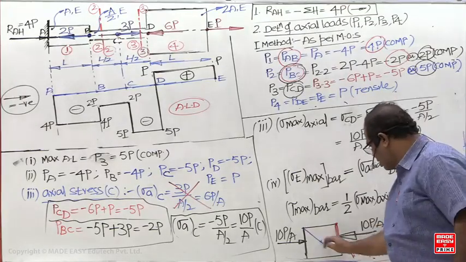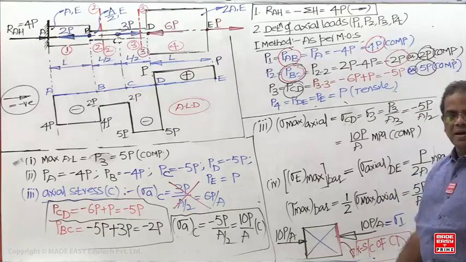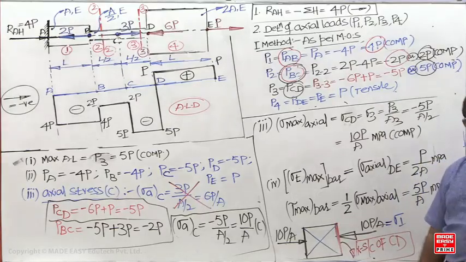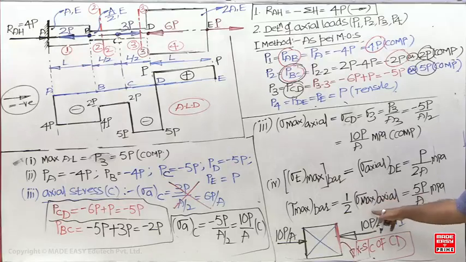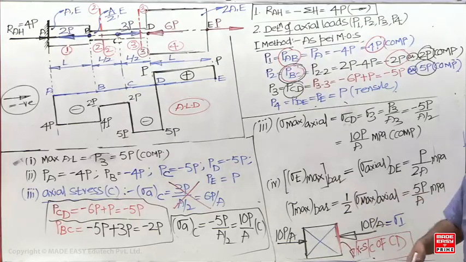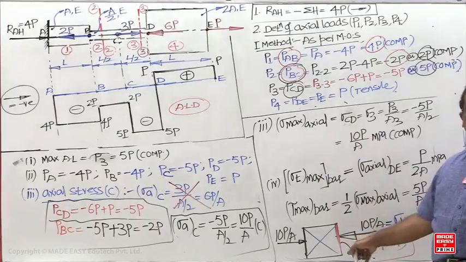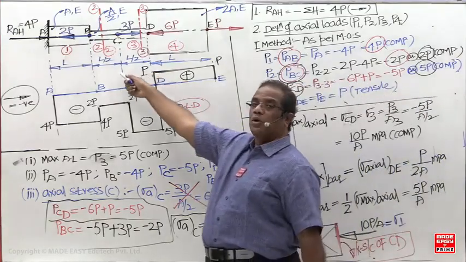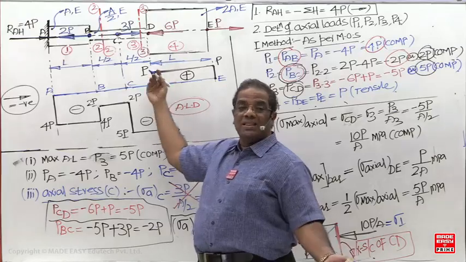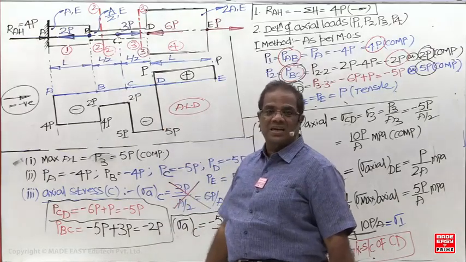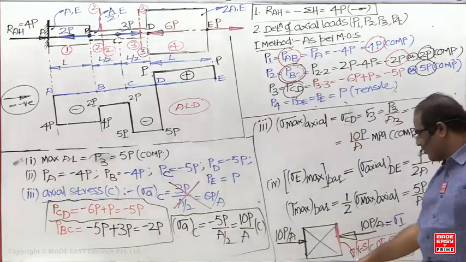So these planes are the tau max planes. Under a uniaxial state of stress, the maximum shear stress is half of the axial stress, but everybody is going to write down 0. The answer is 0 only if you ask on the cross section. But the CD member is in which type of state of stress? Pure axial loading. Under pure axial loading, you get a uniaxial state of stress.